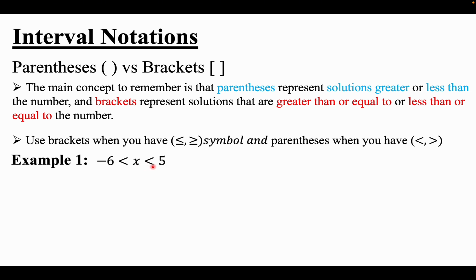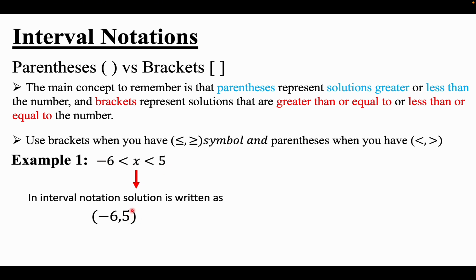It does not say it's equal to 5. In this case, the numbers negative 5 and positive 5 are not part of the solution. And we're going to use parentheses because we have the less than symbol here. So to write the solution in interval notation, I would have to use the parentheses around those endpoints.